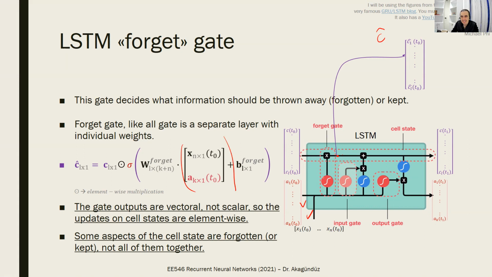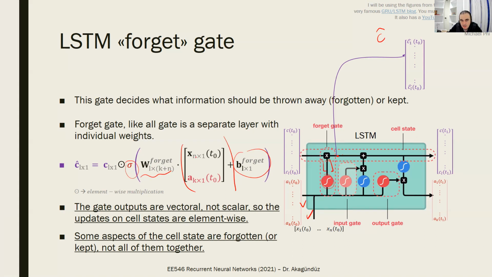This gate applies some weights. These are the forget gate weights, and there's a bias, most probably. And you apply a sigmoid function, and the output of that sigmoid function you multiply with the cell state. Guys, this is a vector as well.